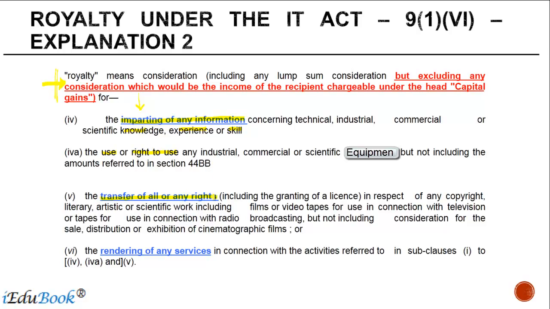Fifth, the transfer of all or any rights, including granting of a license in respect of so many of them, right? And the last, the rendering of any services in connection with the activities referred to in subclauses 1 to 4, 4A, and 5.